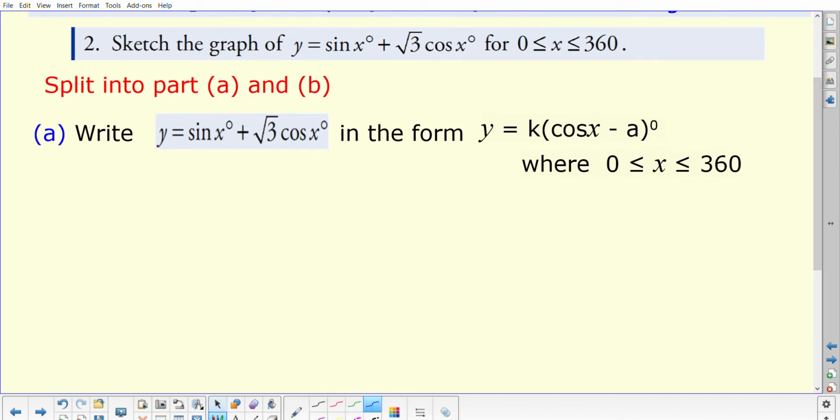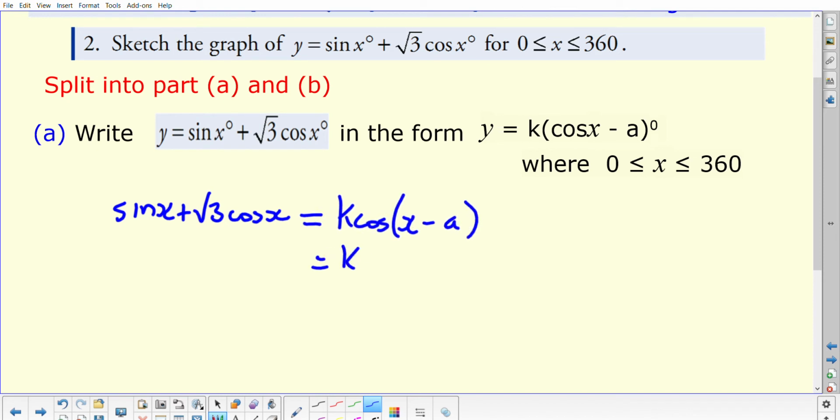So you're looking for, starting again, sine x plus root 3 cos x, in the form k cos x minus a. I didn't mean to write the y equals bit there, so just ignore the y equals for the moment.